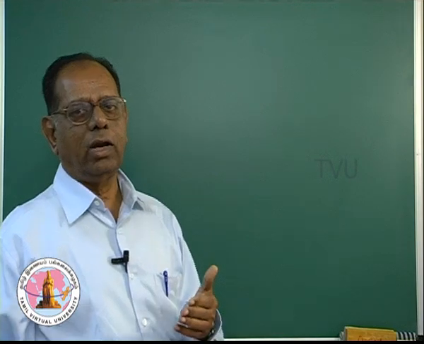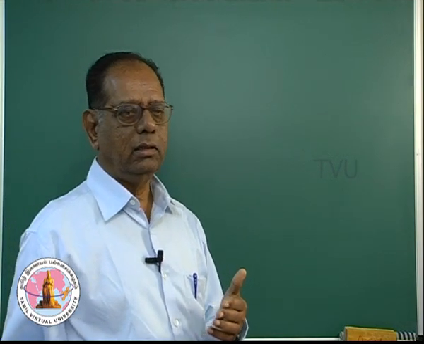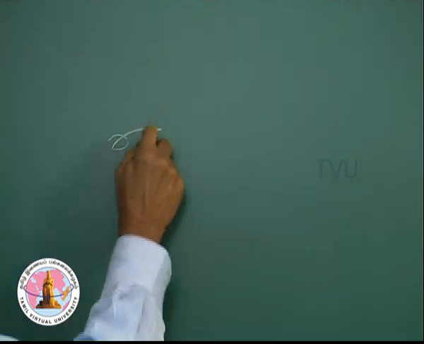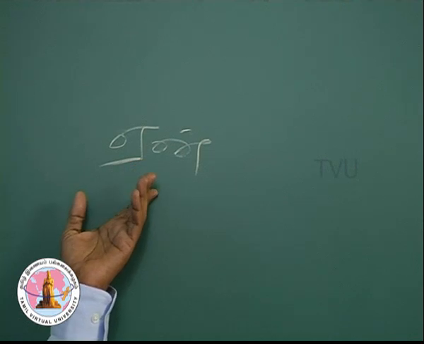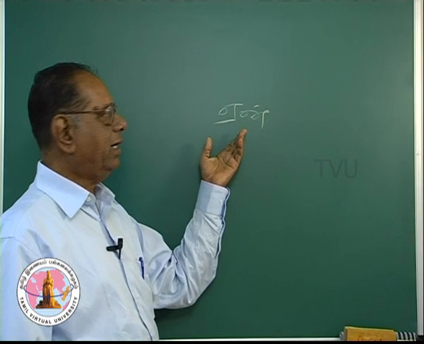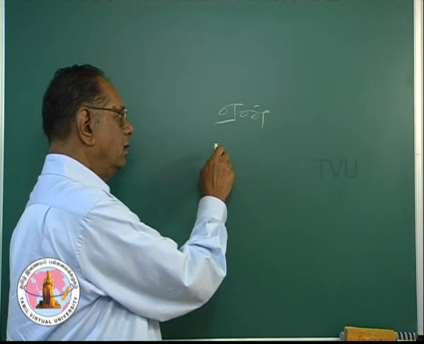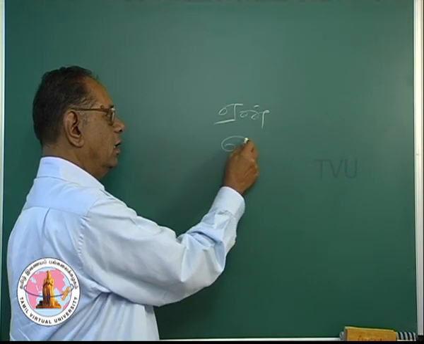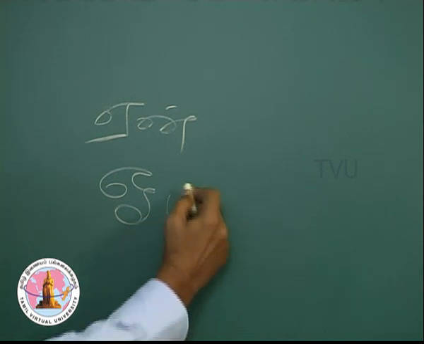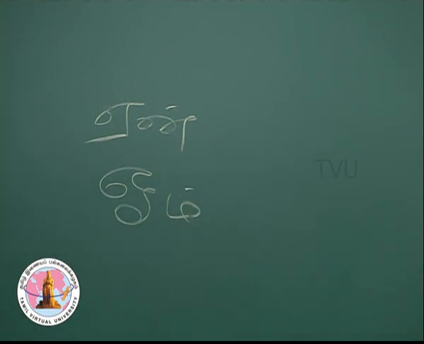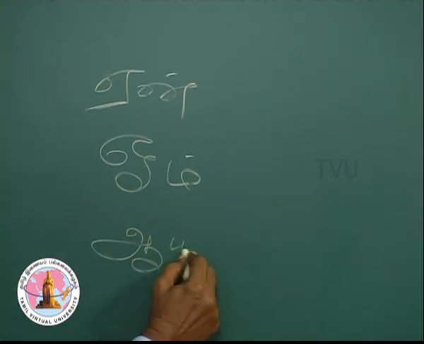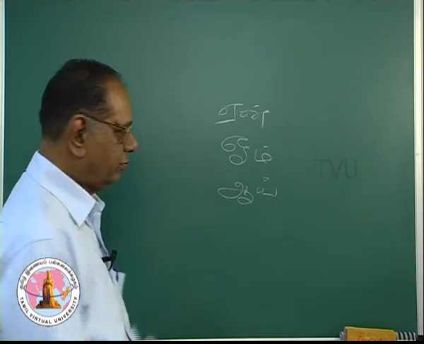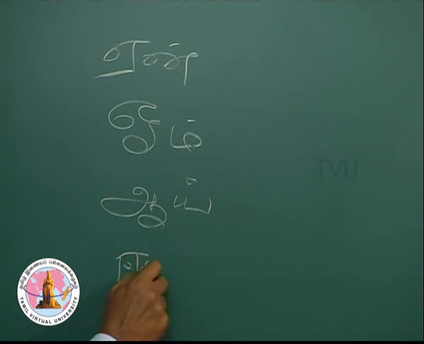The first person singular has, anybody? An as the personal marker in a conjugation, in a finite verb, and for plural it will be O. For second person singular, it is I. Second person plural, ஈர்கள்.